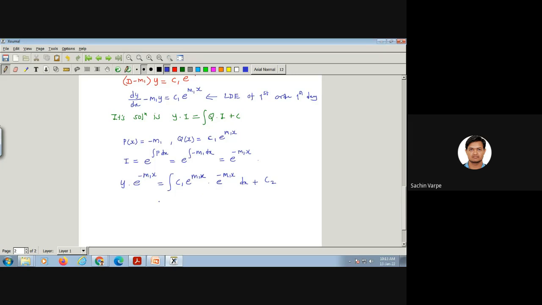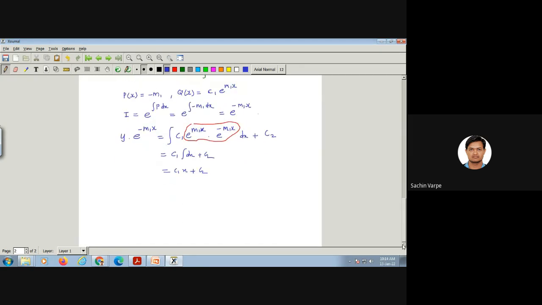Yes or no? So if we club these two by laws of indices, e to the power 0 will be 1, right? So integration of c1 dx, c1 being constant, is c1 times integration of dx, plus c2. So that is c1x plus c2.